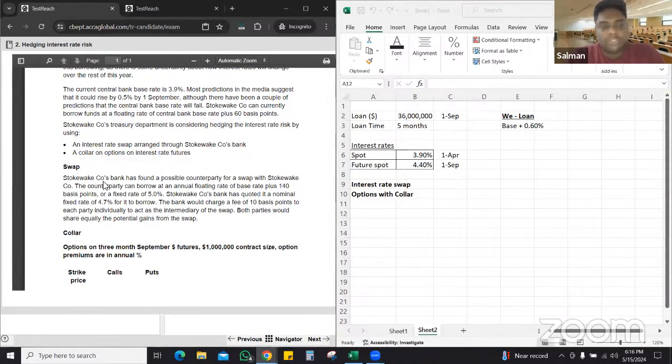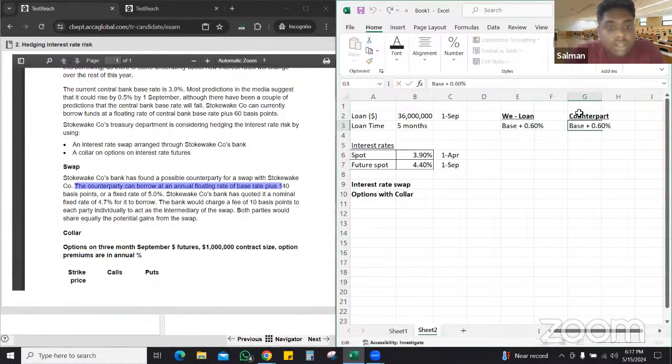Now let's look at the swap first. Stockwave Company's bank has found a possible counterparty for a swap with Stockwave Company. The counterparty can borrow at an annual floating rate of base rate plus 140 basis points. So going with the counterparty, they can borrow at base rate plus 140 basis points. 140 basis points means 1.4%.